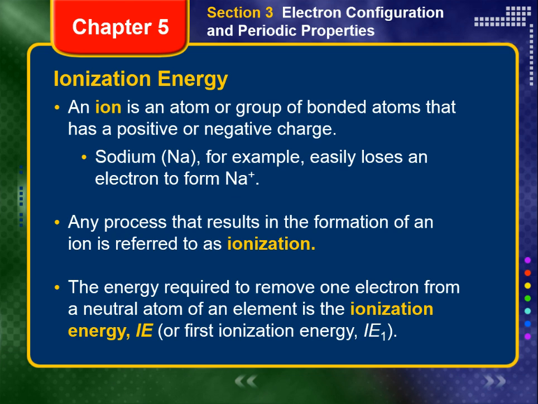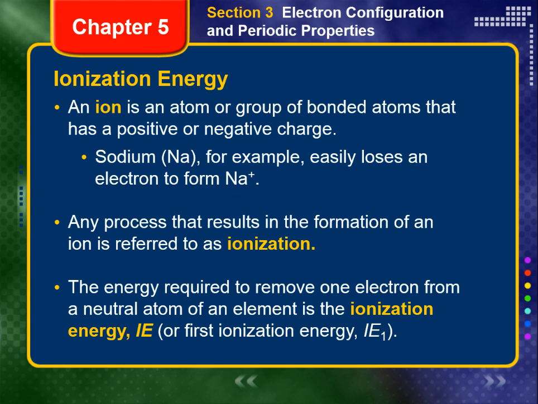The A with a positive charge represents an ion of element A with a single positive charge, referred to as a +1 ion. An ion is an atom or group of bonded atoms that has a positive or negative charge. Sodium, for example, forms the sodium +1 ion. Any process that results in the formation of an ion is referred to as ionization.